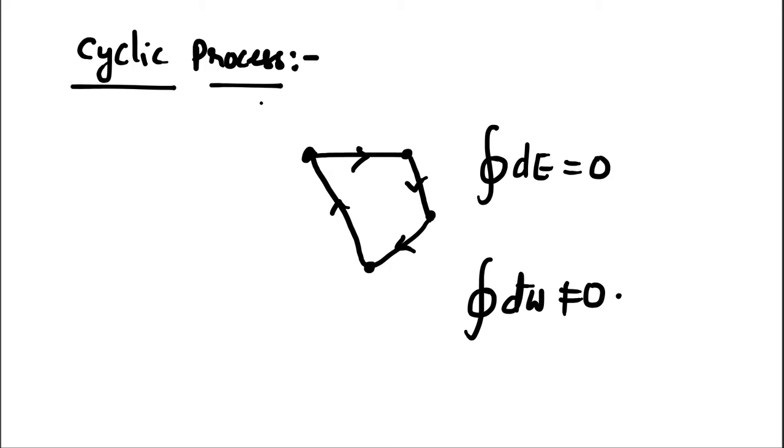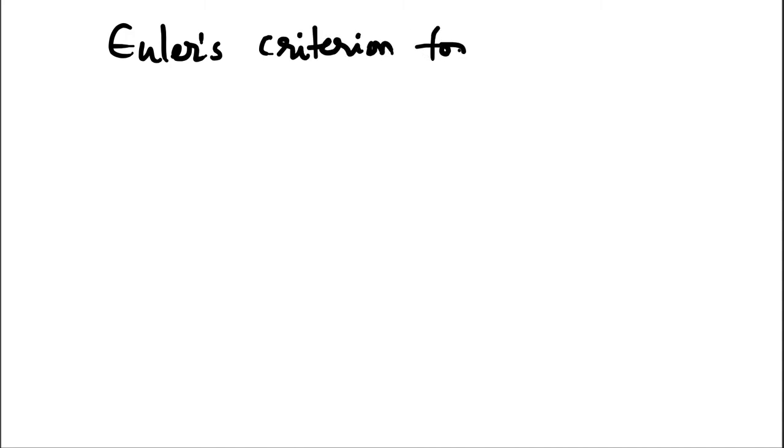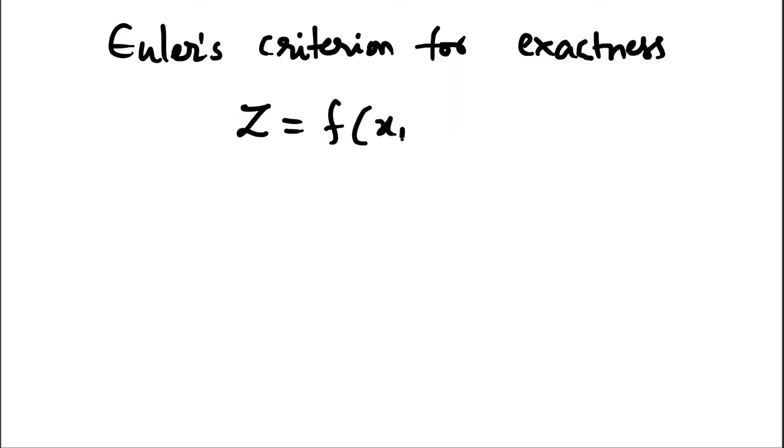Now let's go to Euler's criterion for exactness of a differential. Before we go into thermodynamics, let's have a little bit of partial differentiation in mathematics. Let's take a function z equal to f of x, y.